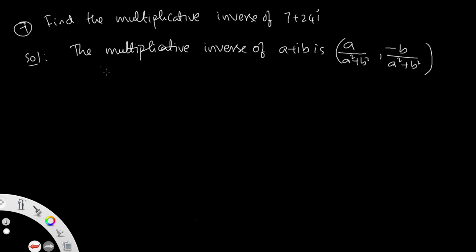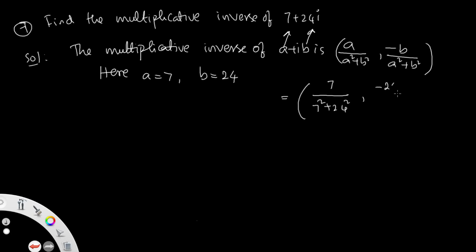So here write a equal to 7, b equal to only 24, not 24i. Comparing with a and b, that is why b is taken as 24 only. Don't get confused. Many students write 24i as it is. Don't write like that. So that is 7 by (7 square plus 24 square), minus 24 by (7 square plus 24 square).